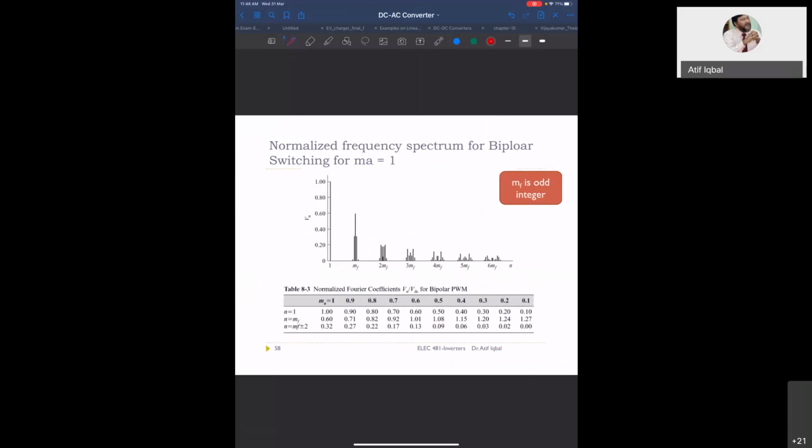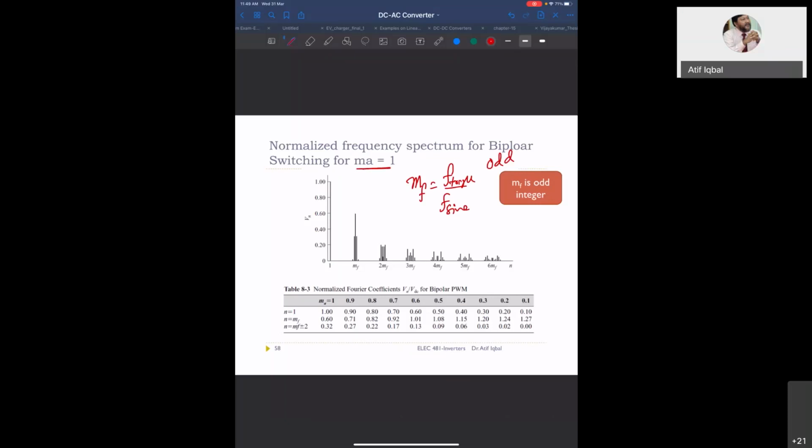So this is the normalized frequency spectrum of a bipolar switching, considering the frequency modulation ratio as an odd integer. MF is F triangle over F sine wave, and say this is an odd integer.